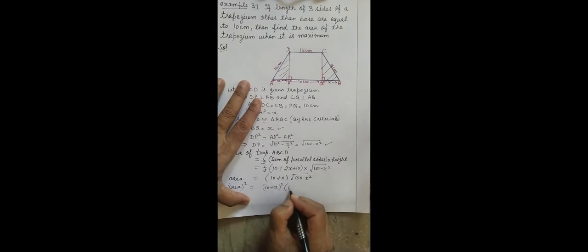So now again students, you can see that this question is involving a root. So if it is involving a root, I will take the square on both sides. So now what will be the area square? It will be equal to 10 plus x whole square into 100 minus x square, and I will mark it as A(x).